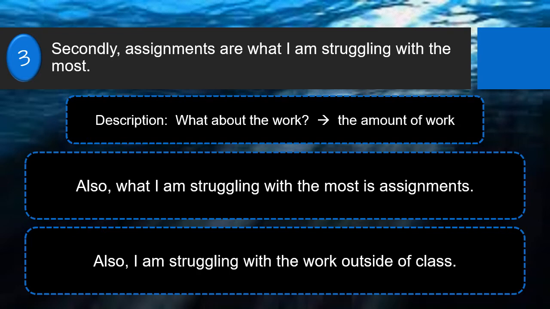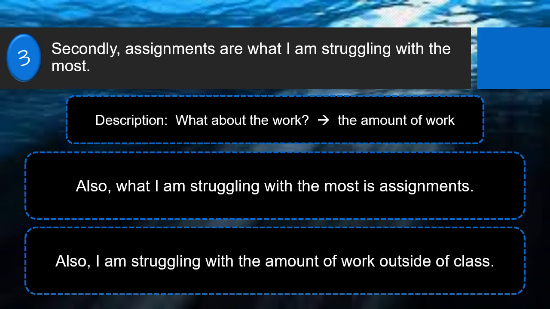How hard the assignments are? Well, most students complain about the amount of work, how much work they have to do. So I might write this sentence as: Also, I'm struggling with the amount of work outside of class. And this would be my final choice for this sentence, personally.